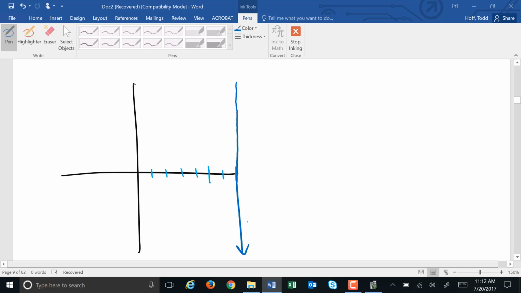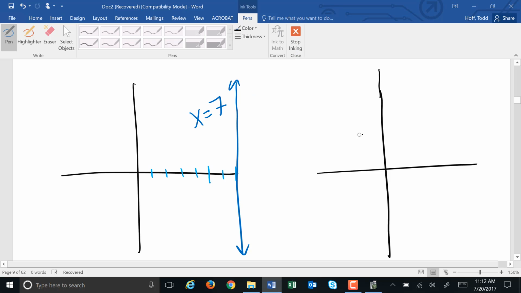What would the equation of that one be? x equals 7. Good. It goes at 7, so it's a vertical line. It's either x equals or y equals. Since it's vertical, it has to be x equals. So then this one would have to be y equals -3. Very good.